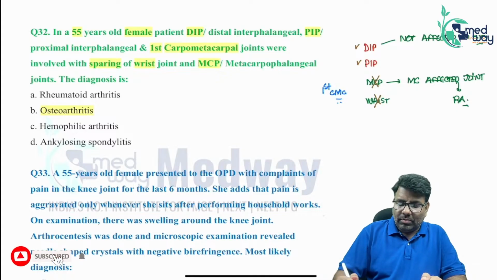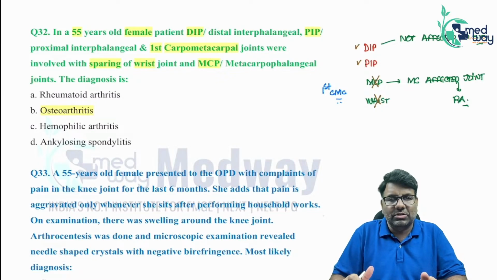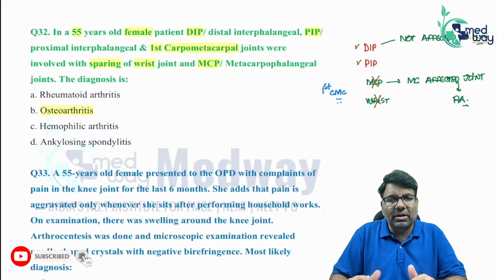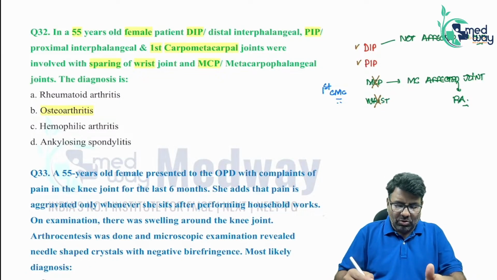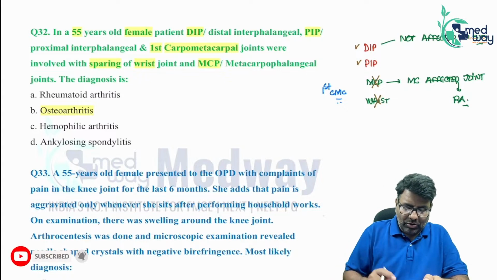Clear? So, if there is involvement of DIP, you can say it is not rheumatoid arthritis, because in rheumatoid arthritis there is no involvement of DIP. If there is no involvement of MCP, you will rule out rheumatoid arthritis because it is in fact the most common joint which is affected. Clear? So, looking at the scenario, the answer comes out to be osteoarthritis.